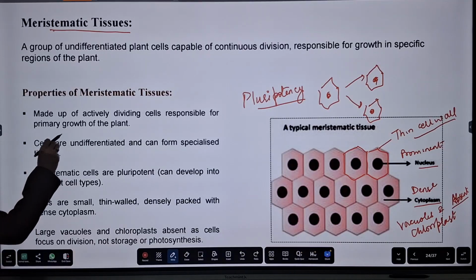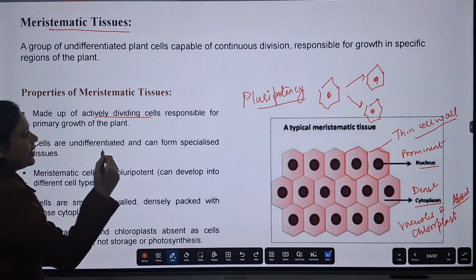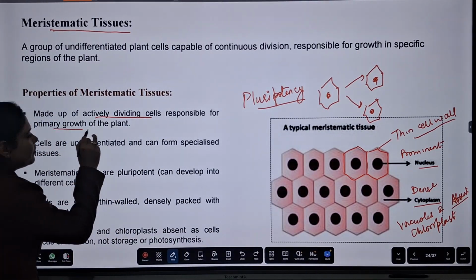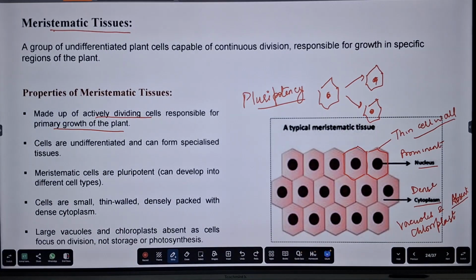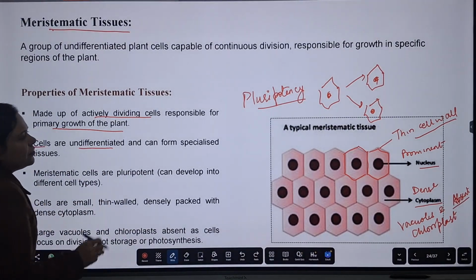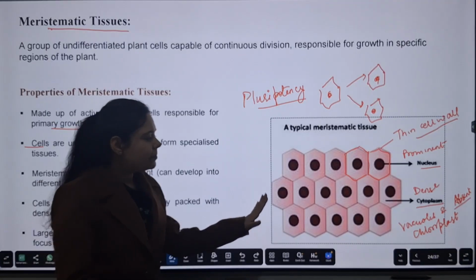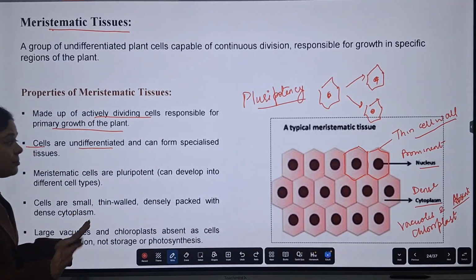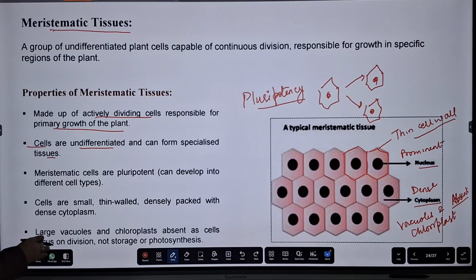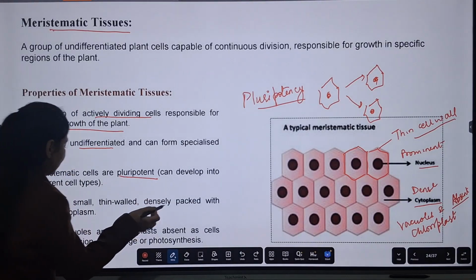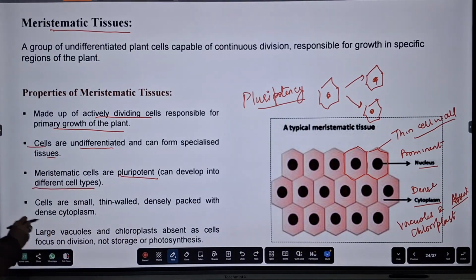So meristematic tissues are made up of actively dividing cells that are responsible for the primary growth of the plant. The cells in these tissues are undifferentiated. They do not have any specific shape, size, or function. They are not specialized. Meristematic cells are pluripotent. They can develop into different cell types.